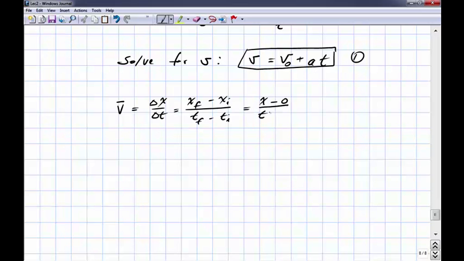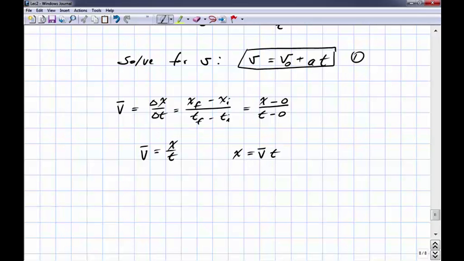The final time is noted as t and the initial time is also 0. That yields the following result. v bar equals x divided by t, and we'll solve this for x and obtain x equals v bar t. So there's the relationship between the position, average velocity, and time.